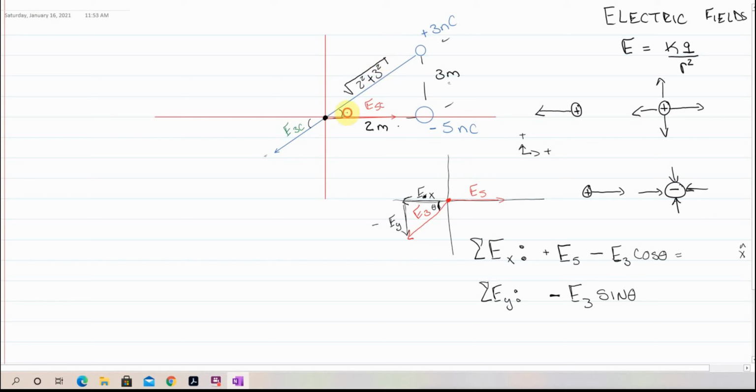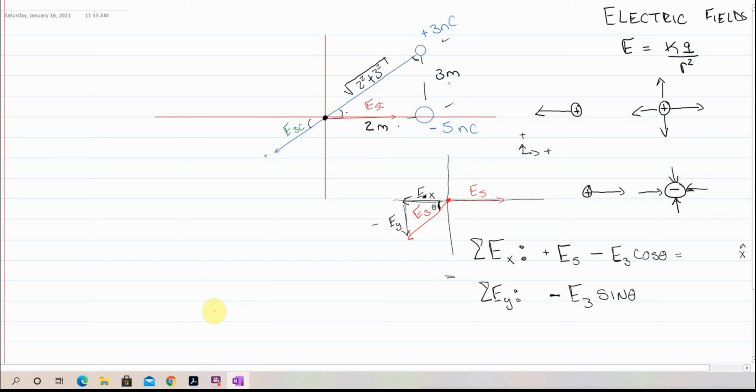Now to get this angle here, I can use any trig function I want. It doesn't matter. In fact, if I wanted to define this angle instead, I could go for it. That's totally fine. I'm going to get the same answer. So don't fixate on it needing to be some specific angle. You're going to get the same answer. Trust me. I'm going to use this one because that's how I chose to do my breakdowns for my vector components.